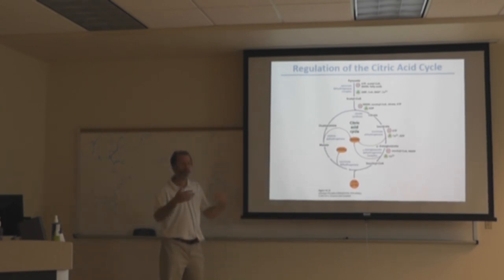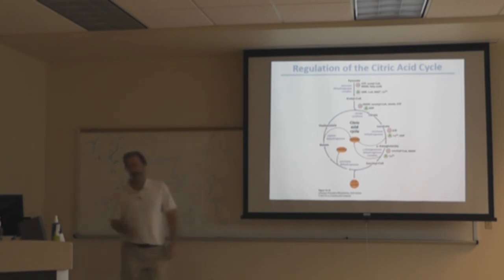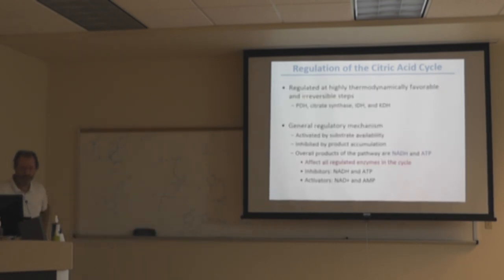Everything else, if you remember, is kept really close to equilibrium, so it runs in reverse or forward, and it's all based on product concentrations which direction it's going to flow. And like I said, it's the highly thermodynamically favorable and irreversible steps that are regulated: pyruvate dehydrogenase, citrate synthase, isocitrate dehydrogenase, and alpha-ketoglutarate dehydrogenase.